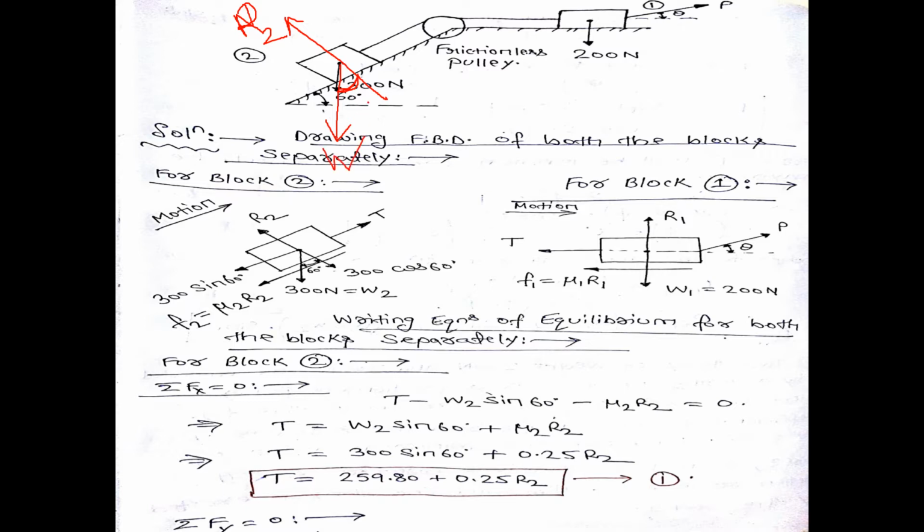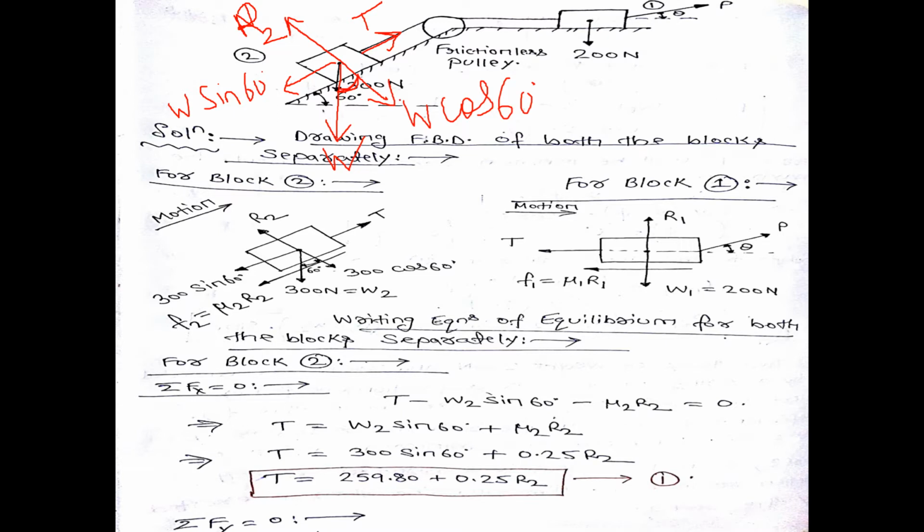Then this W will have two components: W cos 60 and W sin 60. Since this block is connected by a common string, it will exert some tension T on this string in this direction, and there will be a frictional force at the contacting surfaces of the inclined plane and the block.